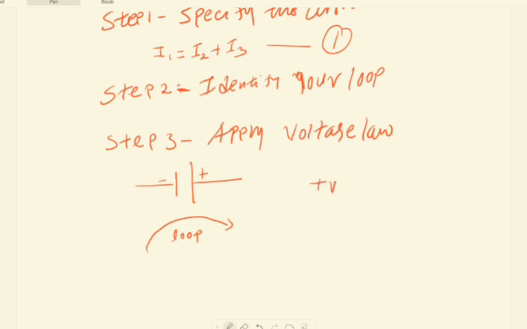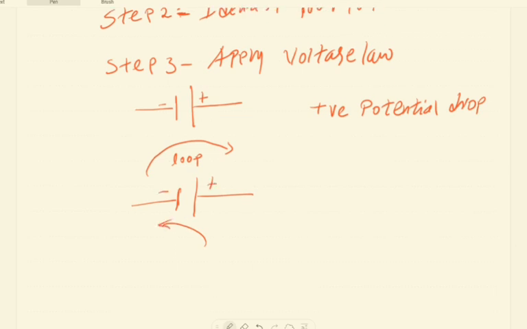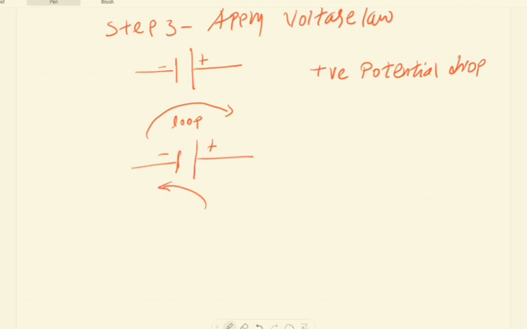So we will have a positive potential drop. Next, if the direction of the loop and the potential are in opposite directions, like this way, we can say that the potential drop is negative. So we will have a negative potential drop.